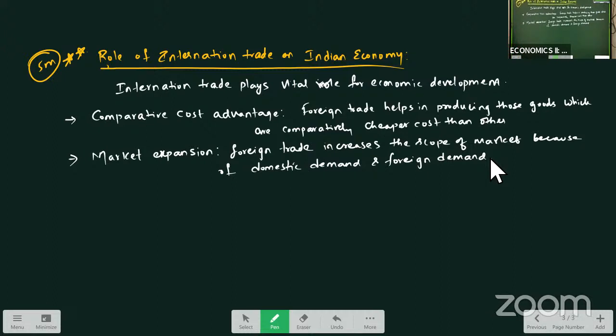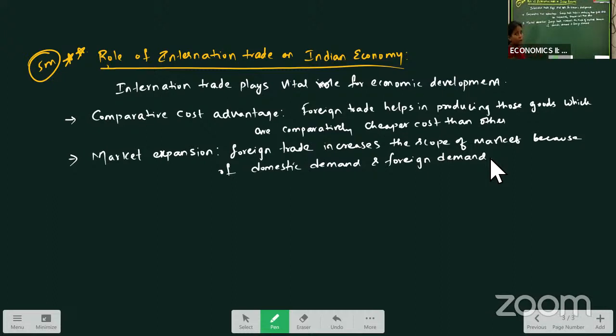If the production of goods increases, average cost declines and the price of goods declines. As a result, consumers will get a different variety of goods, both in quantity and quality. So as the demand in foreign and domestic markets increases, our goods are made available in the domestic market as well as in the foreign market.